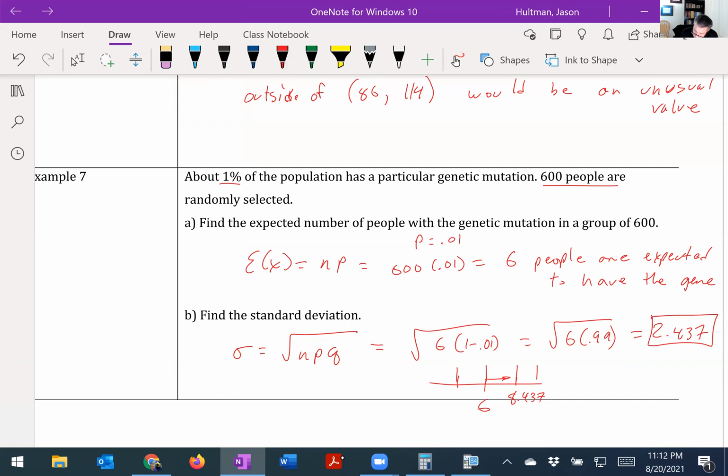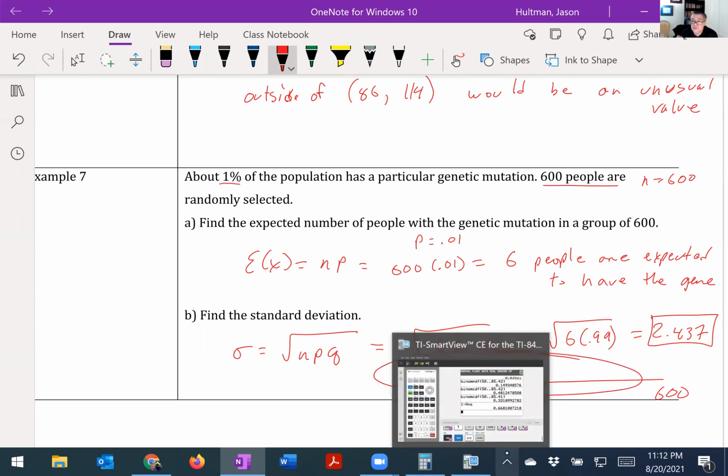However, our N is so incredibly large. N is 600 here, that we would start at 1 and then go up to 6, but then we would have to go all the way up to 600. So you get a lot of small values the further you go up, but the bulk of your data is going to be right around 6.